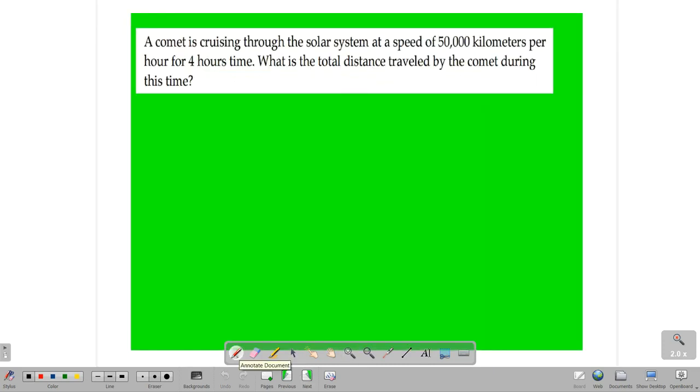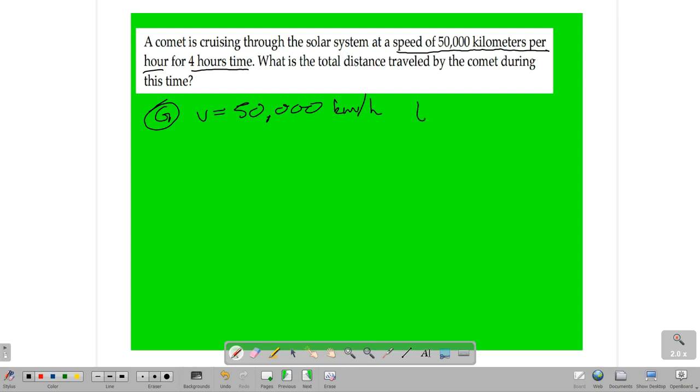Okay, so it says a comet is cruising through the solar system at a speed of 50,000 kilometers per hour. So that just gave us speed here. V is equal to 50,000 kilometers per hour. And then it says that this is occurring for 4 hours time.